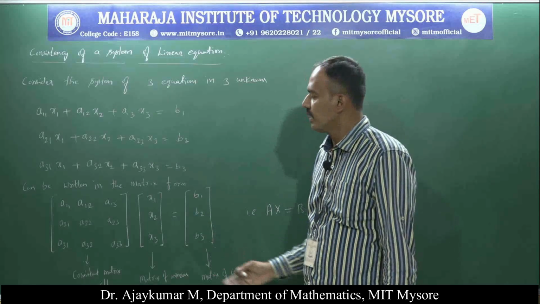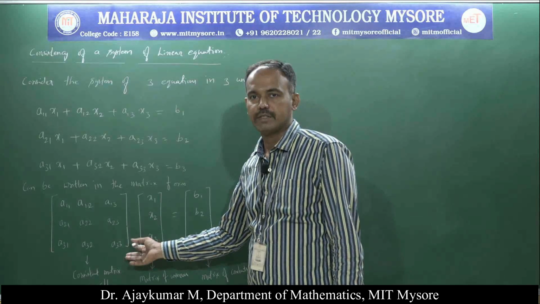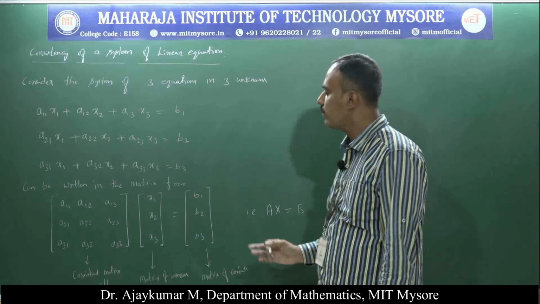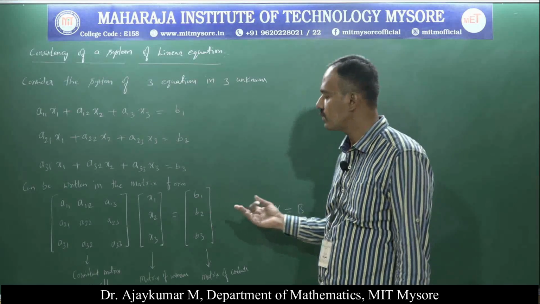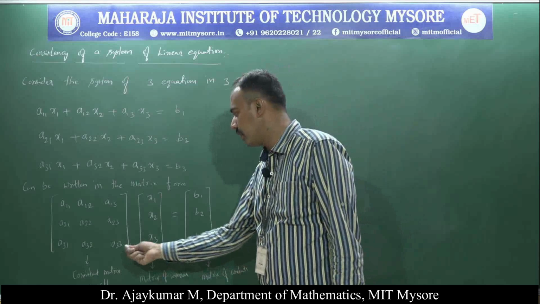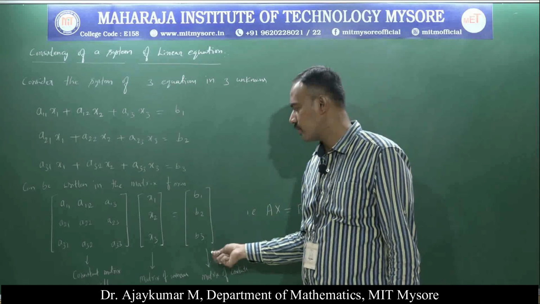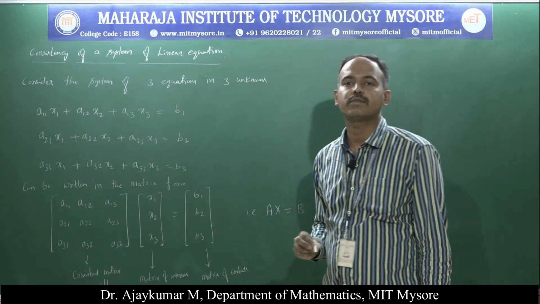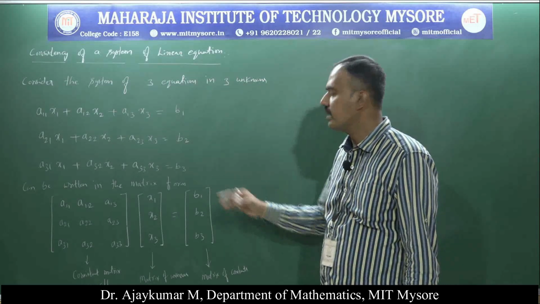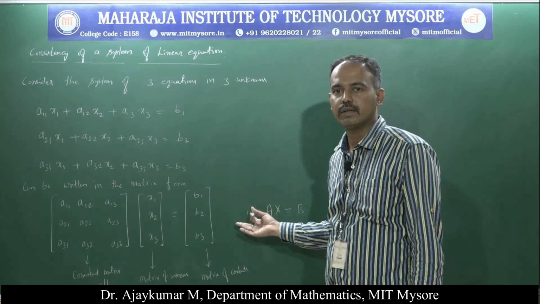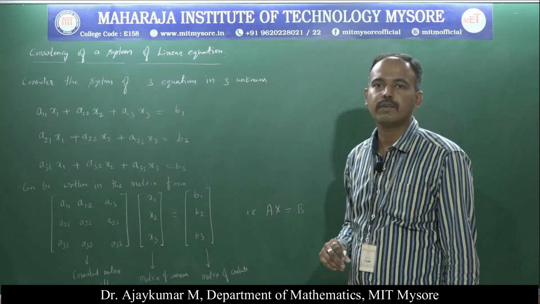If all the B values are 0, such a system of equations is said to be a homogeneous system of equations. Suppose at least one of the B values is not equal to 0, then we consider it a non-homogeneous system of equations. Is it clear to all of you? All B values 0 is homogeneous, and at least one B value not equal to 0 is non-homogeneous.